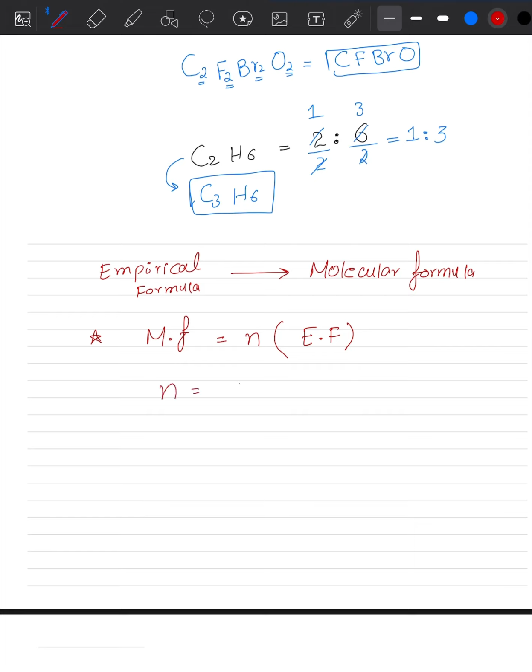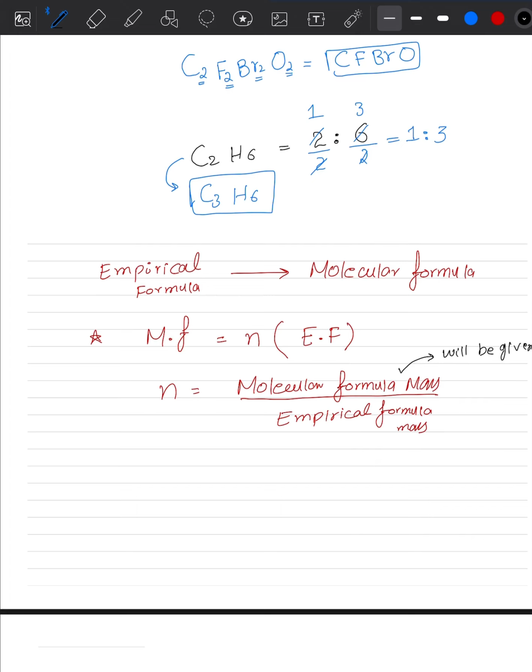n is equal to molecular formula mass over empirical formula mass. So how can we find out these masses? The key point is the molecular formula mass will be given in the question statement.